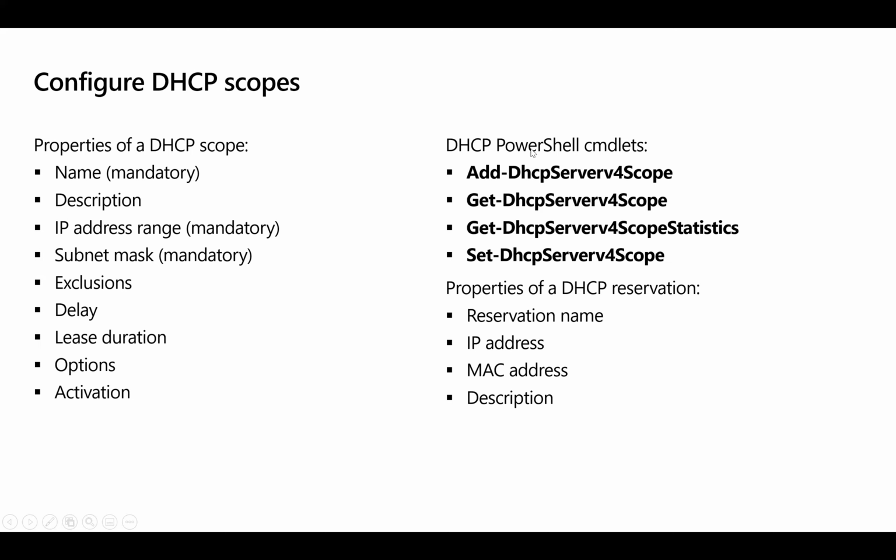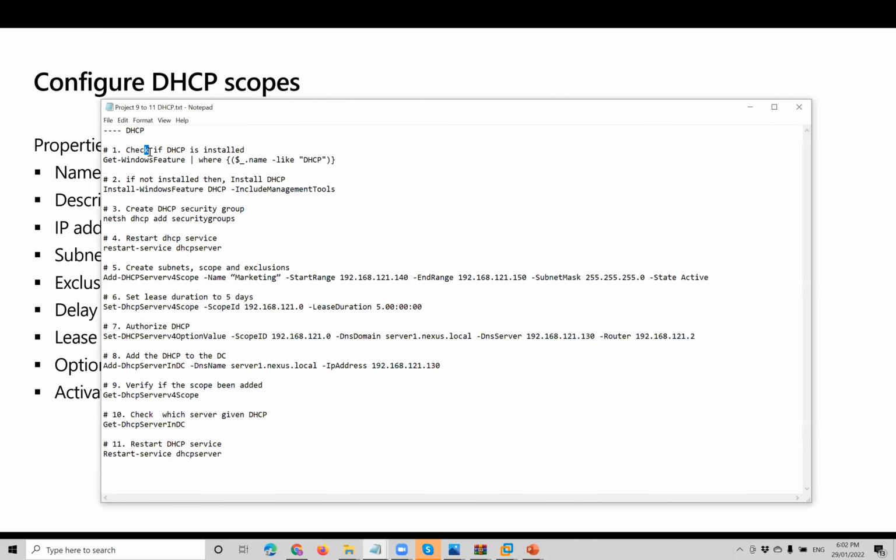You can do PowerShell management with Add-DhcpServerv4Scope, Get-DhcpServer. I have a script created for that. If you want to perform scripting for DHCP, you just open up the file. Check if DHCP is installed, just run Get-WindowsFeature. If not installed, you can install it using this feature.